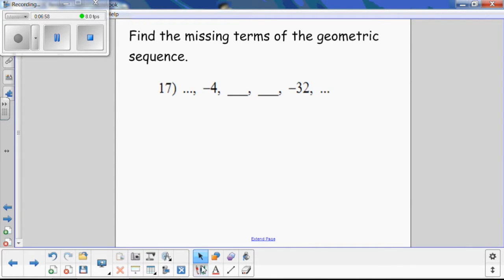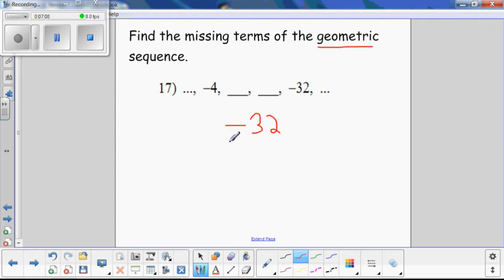We can do the same thing with geometric sequences, but instead of subtracting, we divide. And we raise it to an exponent of 1 over 1 less than the number of terms we have.